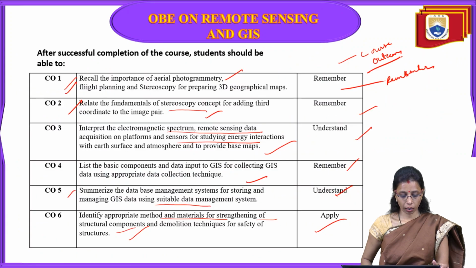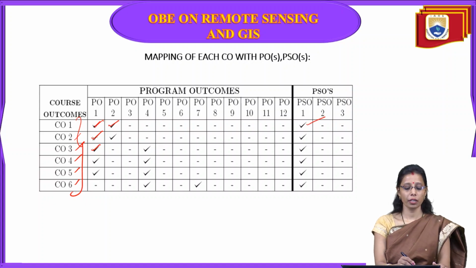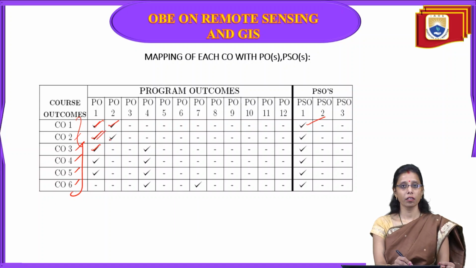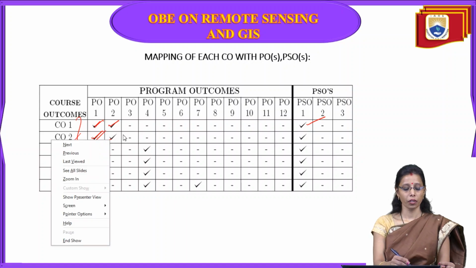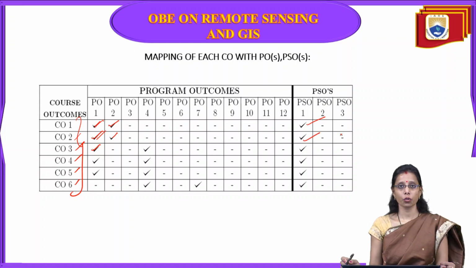So these two are mapping with CO1. Now PSO1 also it is mapping. Now CO2 is mapping with PO1 and PO2, that is engineering knowledge and problem analysis, and also mapping with PSO2.